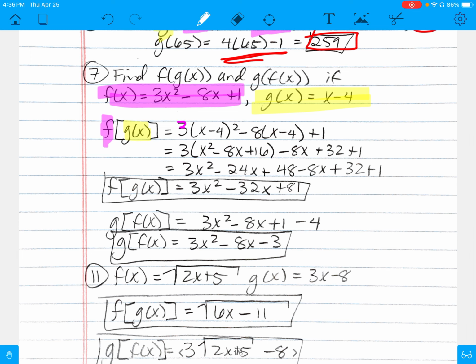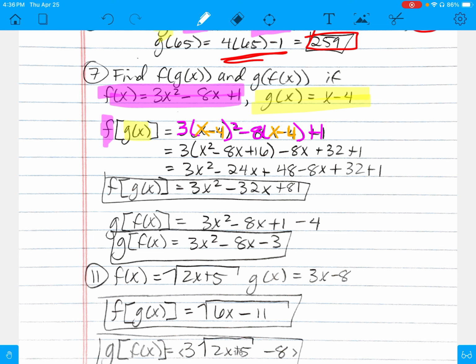Well, it says we take 3 times x squared minus 8 times x plus 1. Except each of those x's needs to be replaced with the g function, which in this case is x minus 4.